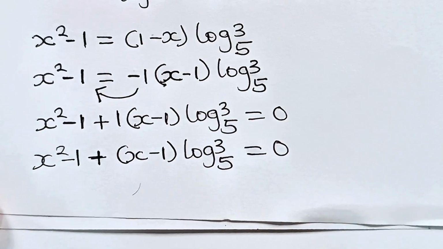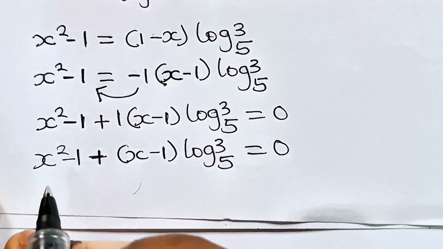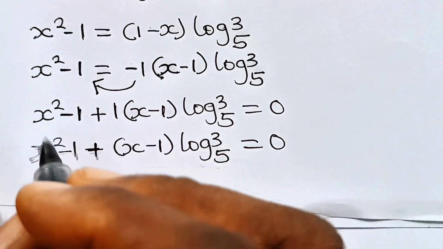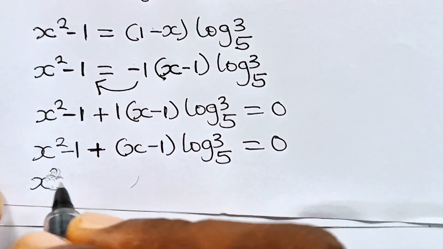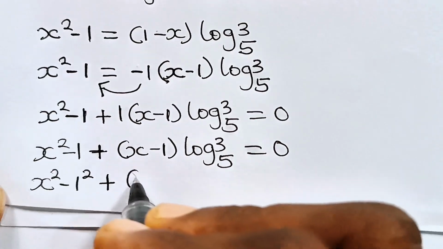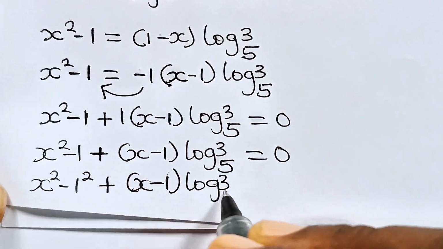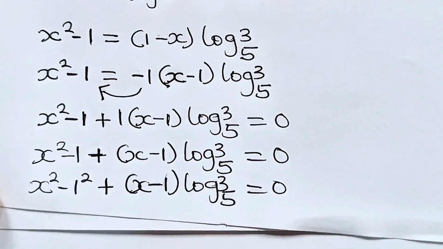Now, I want you to note that we can express this as difference of two squares, right? So we can actually write this as x to the power of 2 minus 1 to the power of 2 plus x minus 1 log 3 base 5 is equal to 0.